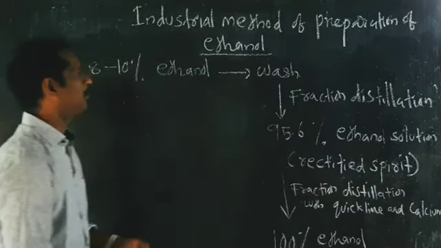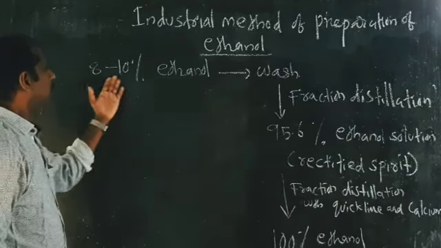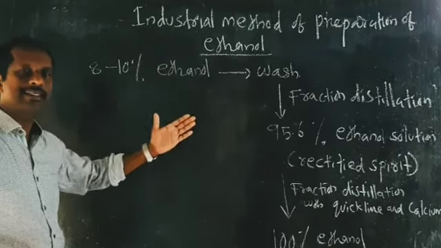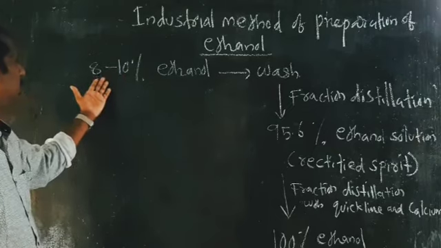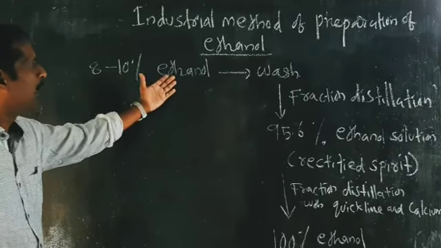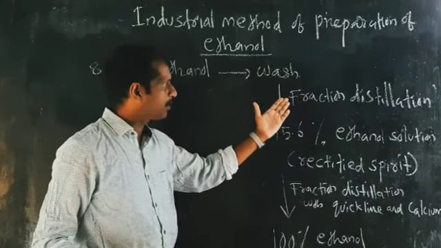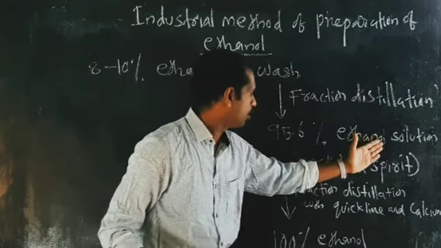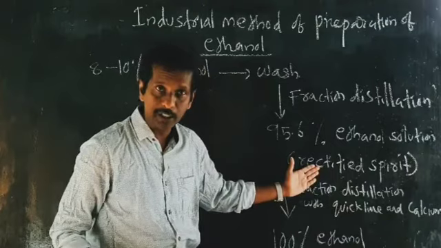Keep all these points in mind. By the fermentation of molasses, the crude ethanol solution contains only 8 to 10% ethanol, which is known as wash. This wash on fractional distillation gives 95.6% ethanol solution, which is known as rectified spirit.